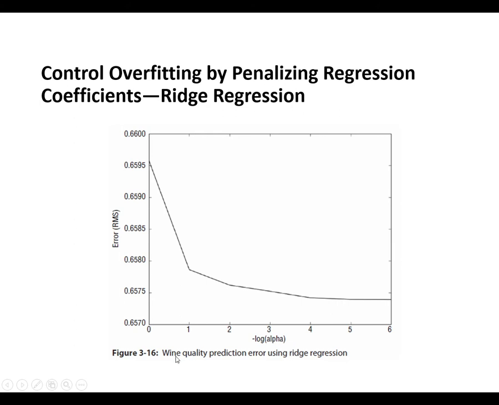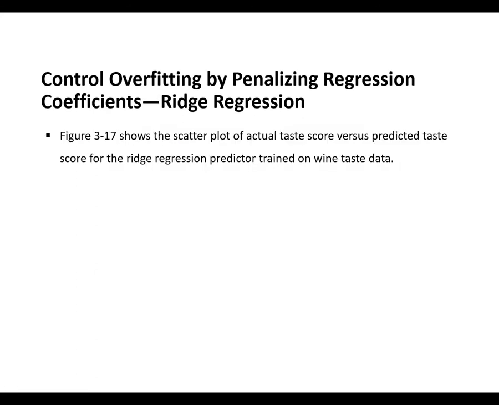This is basically for wine quality prediction error, for the wine data set, and we are making use of ridge regression. As you can see, somewhere over here it is minimum, in the sense of how many attributes we can include. We try to check one more graph.